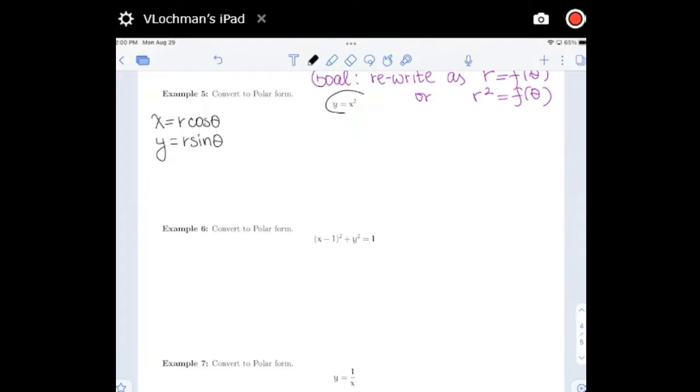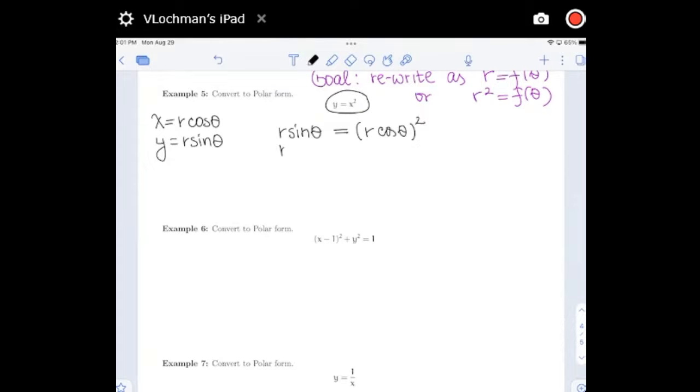I'm working with this equation right here, so I'm just going to substitute. I have all my ingredients. I'm going to do the substitution. So I get r sine theta on the left is equal to r cosine theta squared on the right.